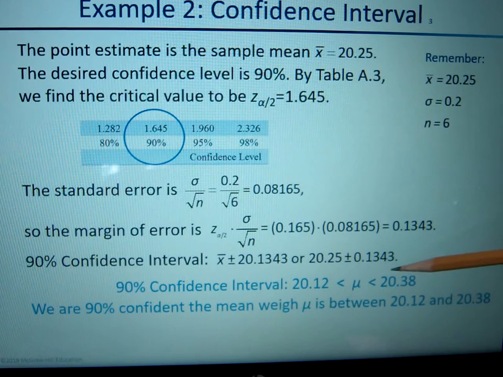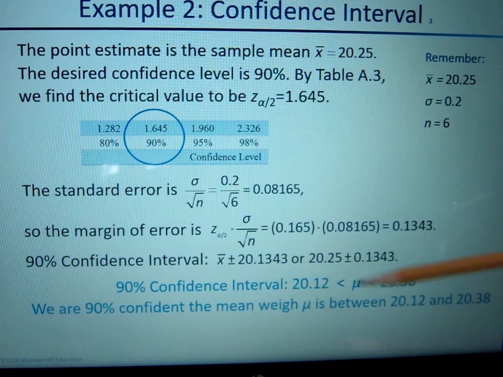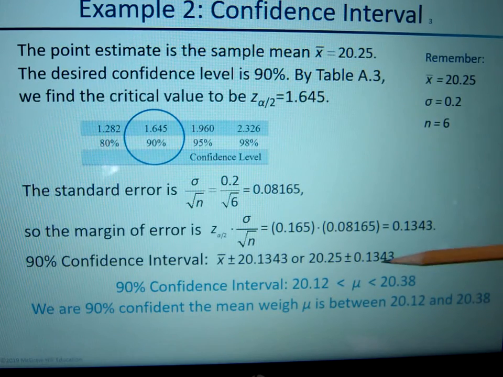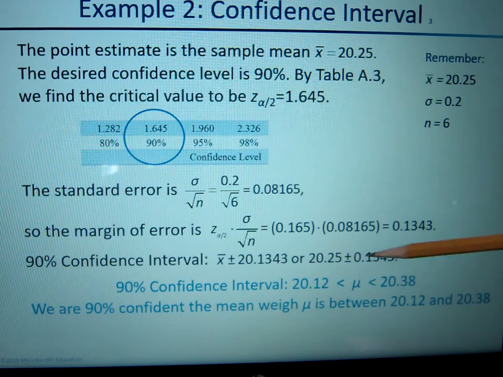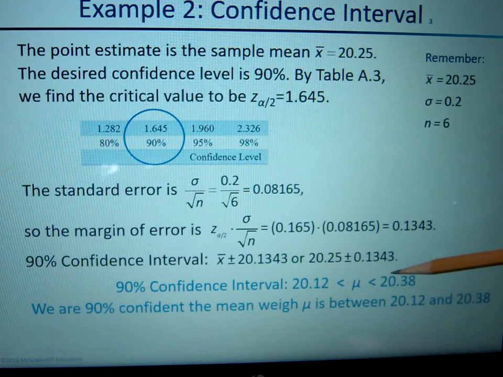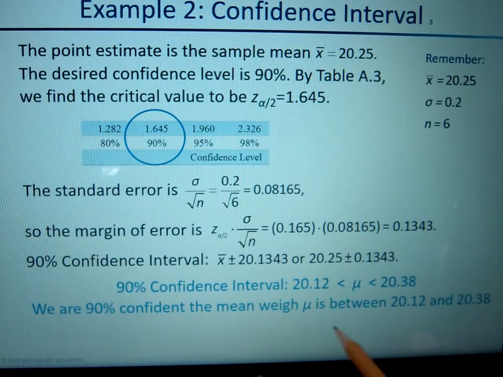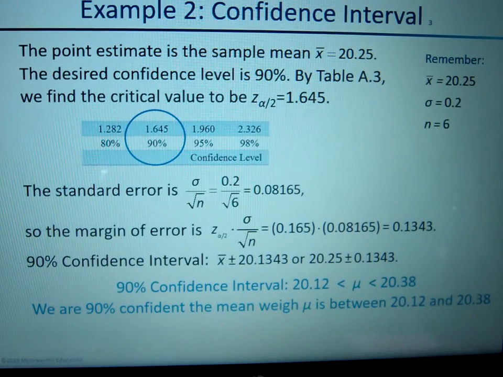Look at this error again, we're going to cross that out. Okay, so this should be a 0 here. So now when we add or subtract, give or take, we get 20.12 and 20.38. So we're 90% confident that the mean weight, mu, is between 20.12 and 20.38.